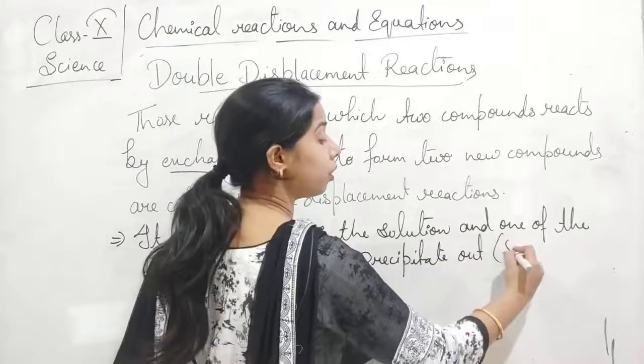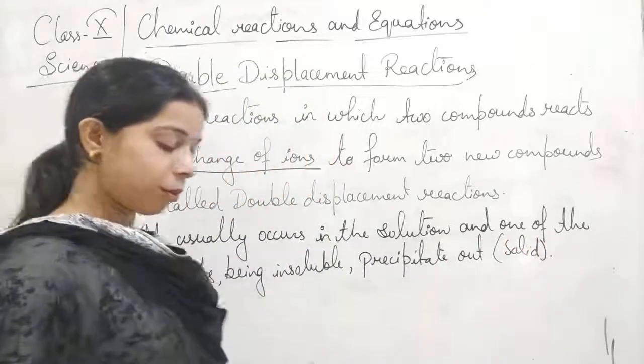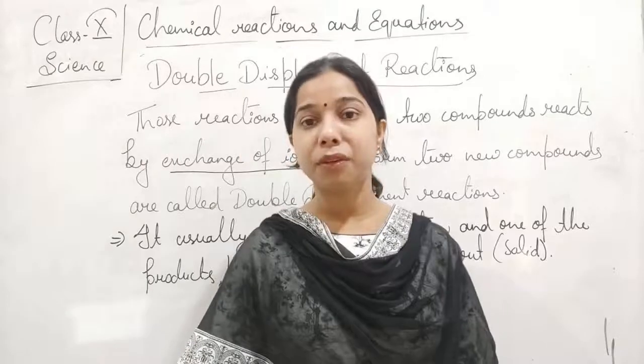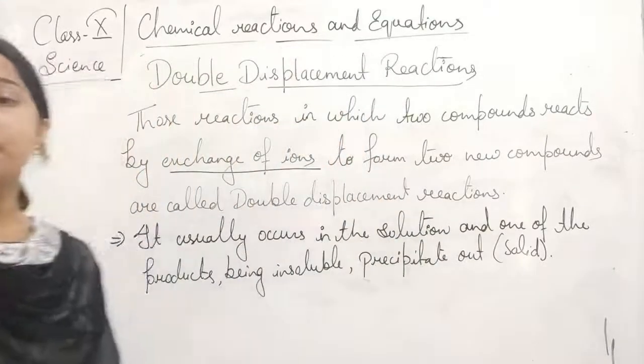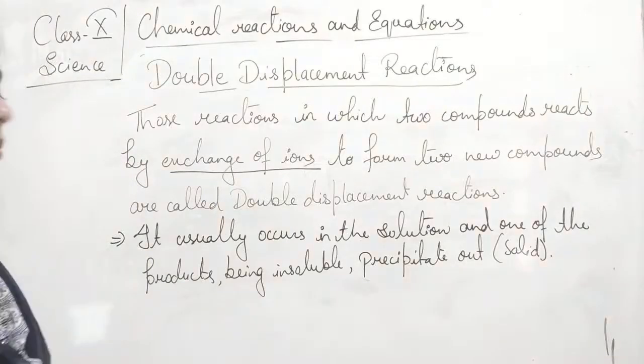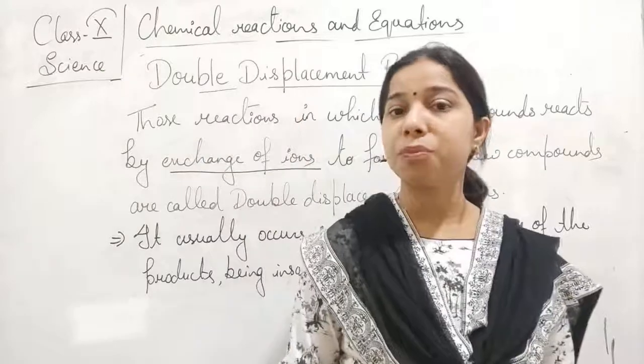In which form, students? You know, in the form of a solid. So one of the products comes out in the form of a precipitate. So this is a double displacement reaction, and in this reaction, a precipitate is formed.